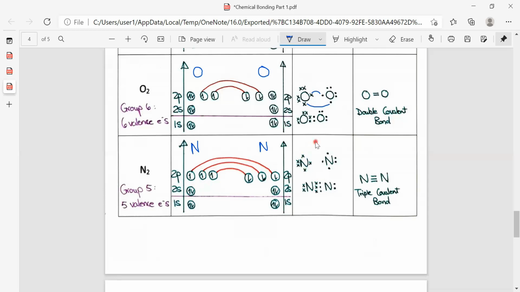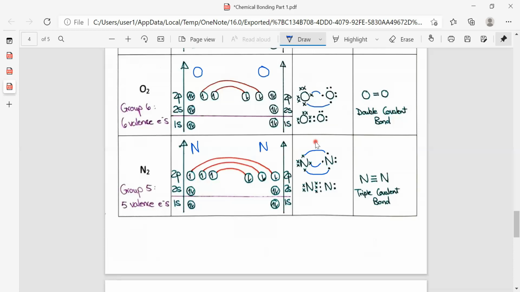So the sharing, you guys should be used to this by now. Those share, take note, I'm not drawing arrows, and those orbitals overlap. So you have 3 pairs of bonding electrons with 1 lone pair still on each nitrogen atom. So the Couper structure, you just draw the 3 lines.